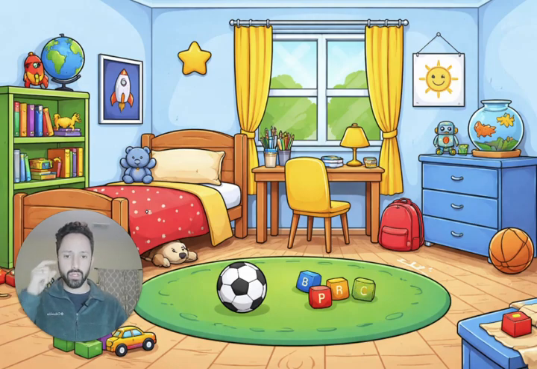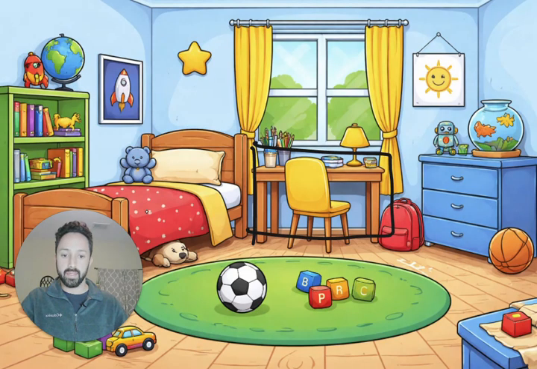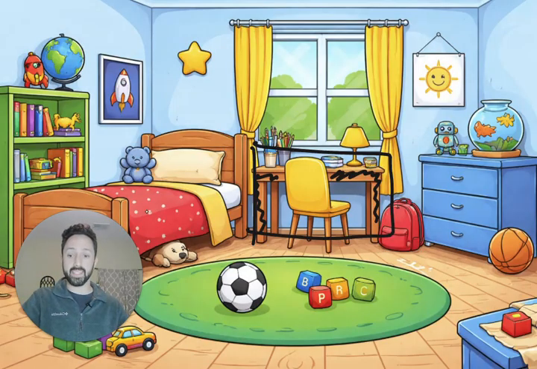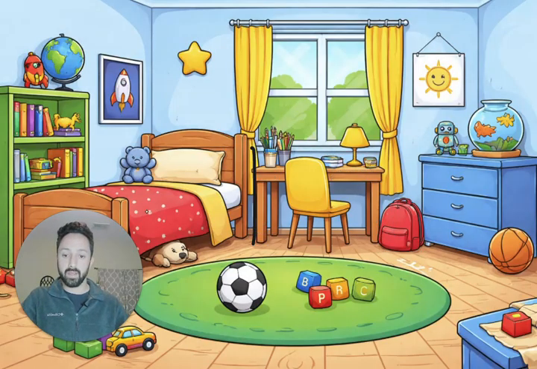Now look at the desk. This is a desk. I see a chair. I see a lamp.